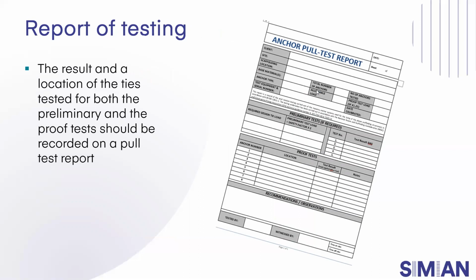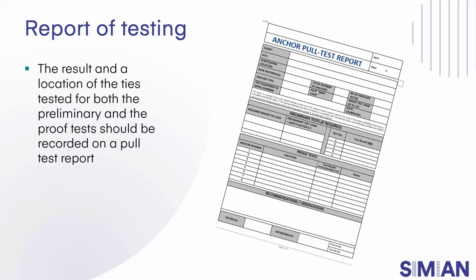It allows you to record the test equipment and the serial number, the date it was last calibrated, and then how many anchors you've tested, how many anchors are in the scaffold, the allowable load and the proof test load. There is a section there to record the preliminary test if it's required, and then the bottom section of that is to record the proof test.